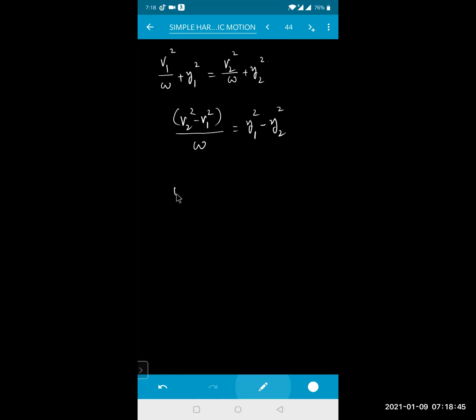So from this one, I can write the value of omega. So omega square is equal to v2 square minus v1 square divided by y1 square minus y2 square. I have written correctly only.